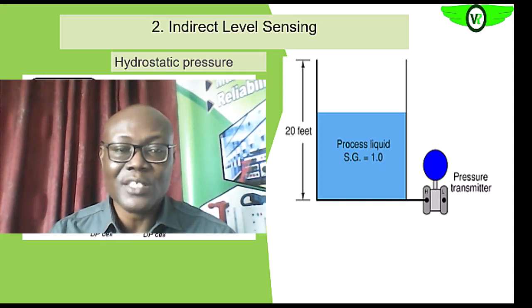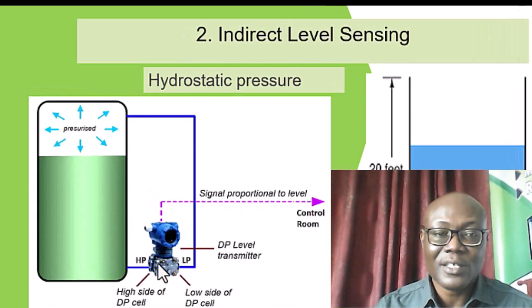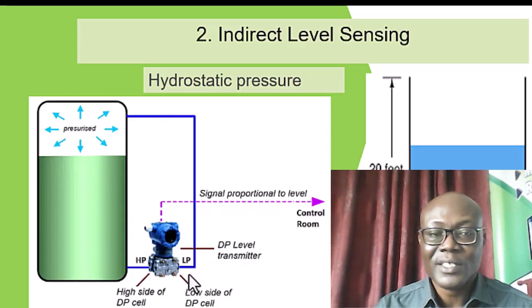So this is a DP, differential pressure transmitter. One end is subjected to high pressure at the base, and the other end is subjected to low pressure at the upper part of the tank. So whatever is given off from the transmitter is directly proportional to the difference here.